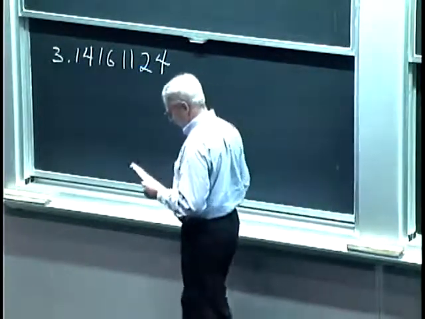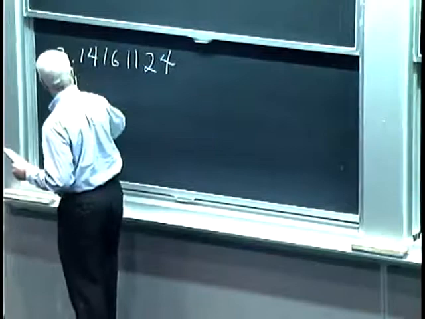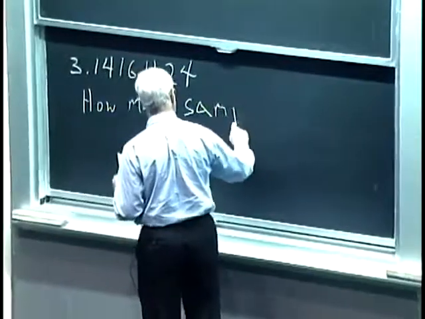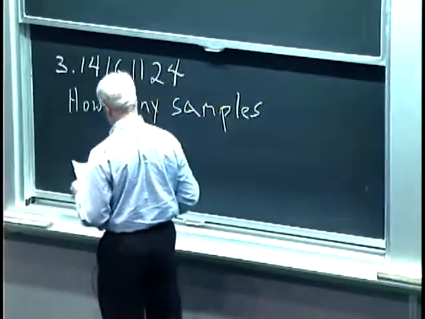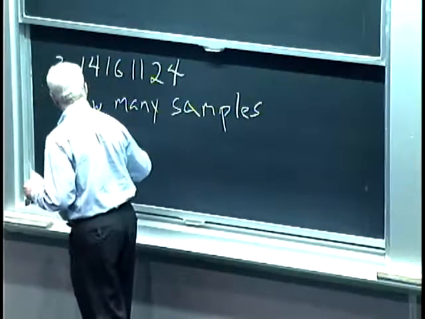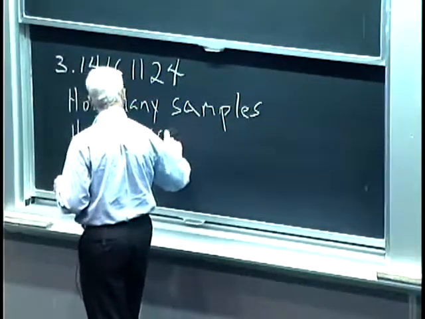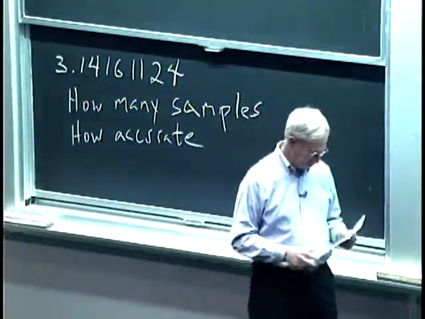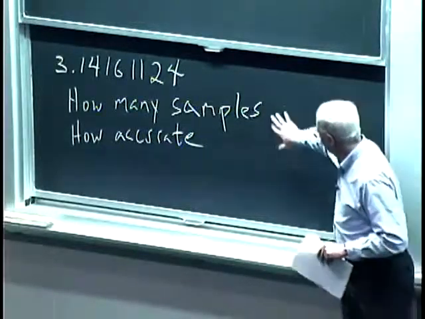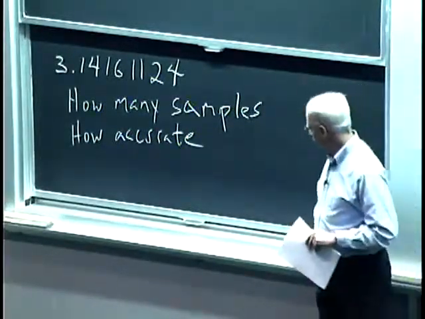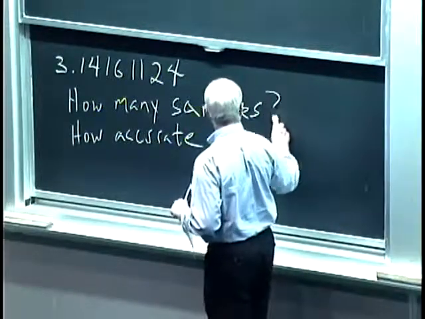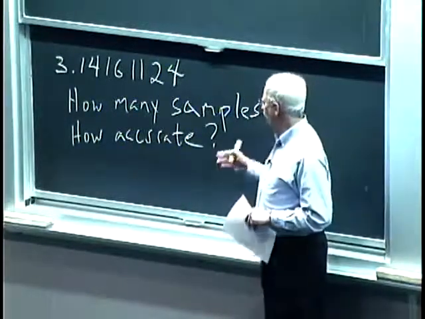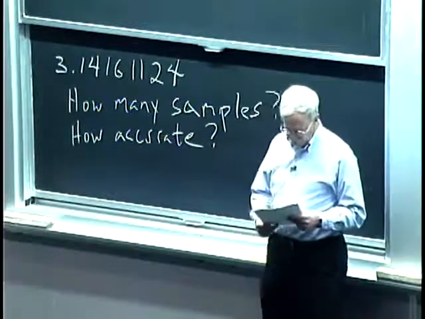We still have to think about the question of how many samples, and also how accurate do we believe our result is given the number of samples. As you might guess, these two questions are closely related. If we know in advance how much accuracy we want, we can sometimes use that to calculate how many samples we need.